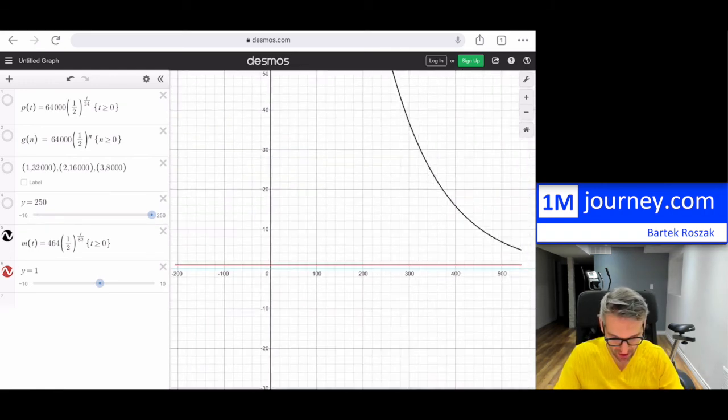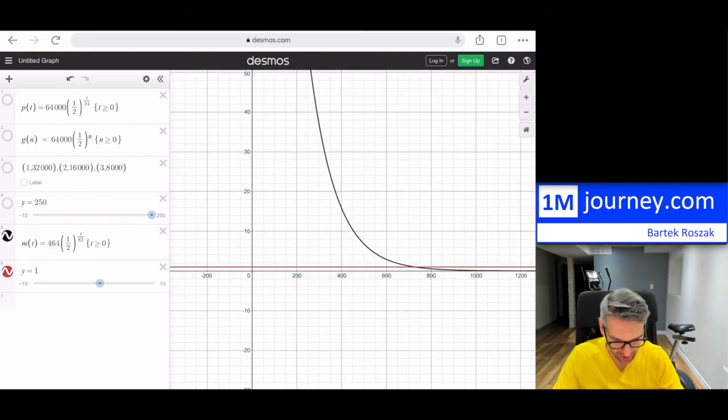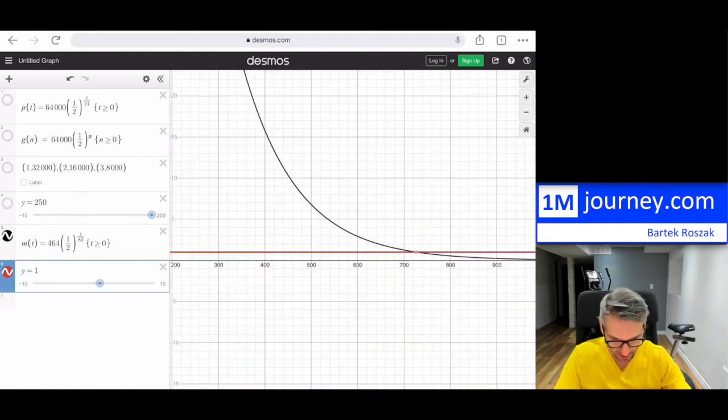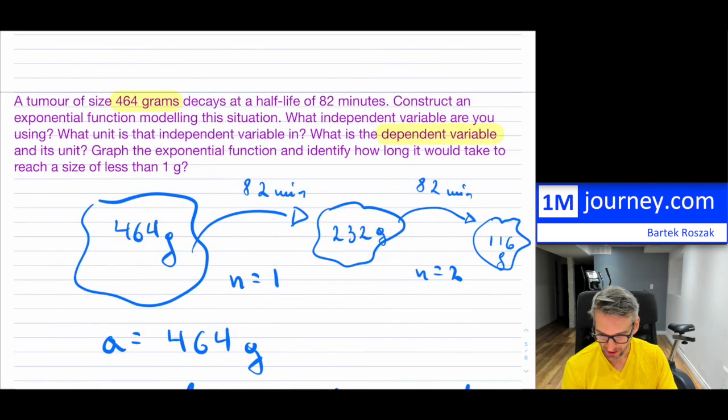Obviously this is going to happen much later. So there it is, that intersection. It crosses at approximately 726 minutes, so it's a little bit more. Let's say 727, because I think it says less than 1 gram.